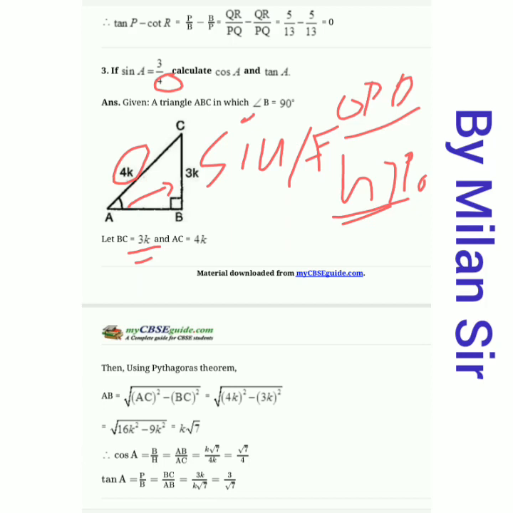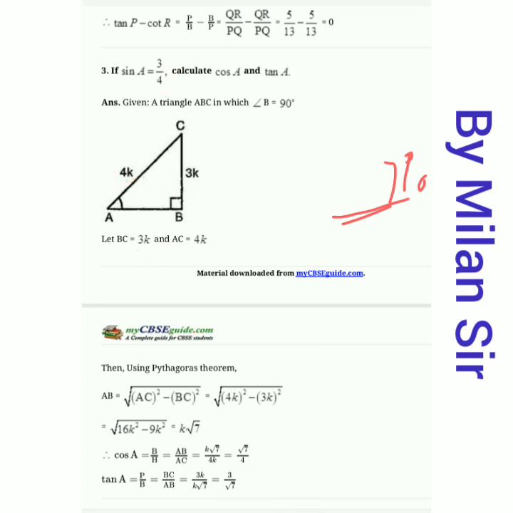If sides are given, then we do not need to use this k. If a ratio is given, then at that time we need to use this k. So our two sides are BC equals 3k and AC equals 4k.